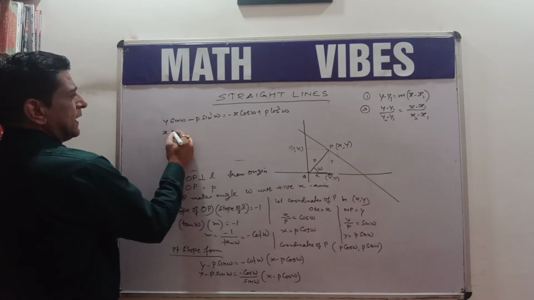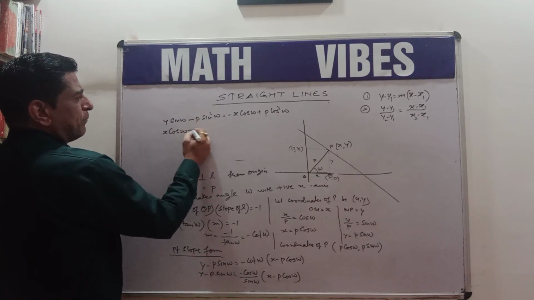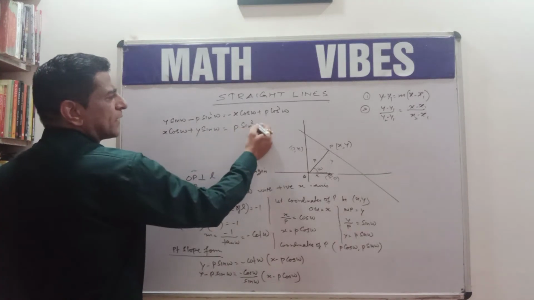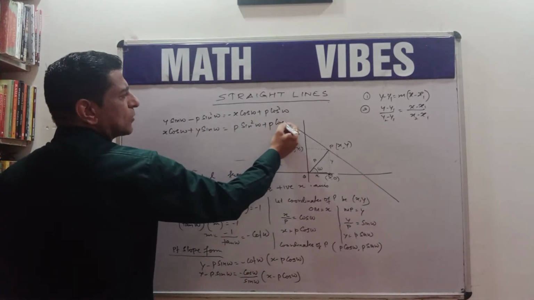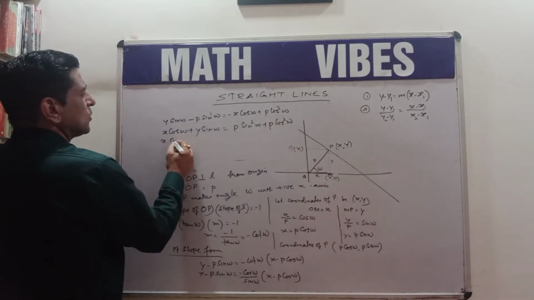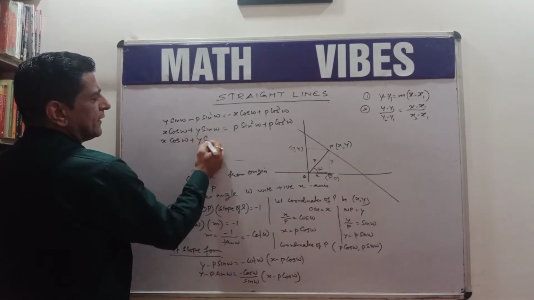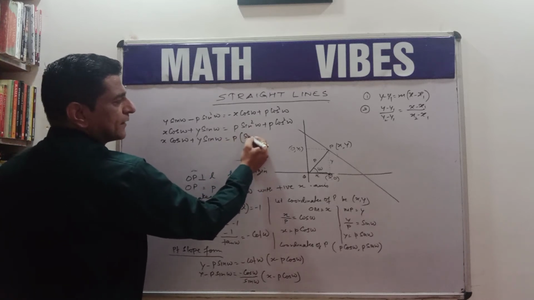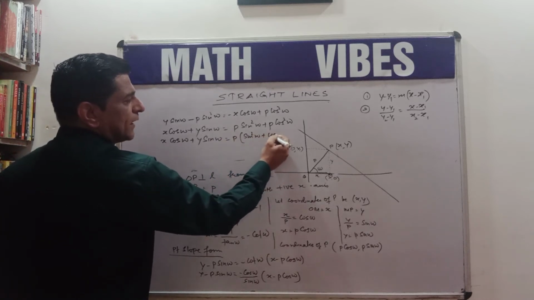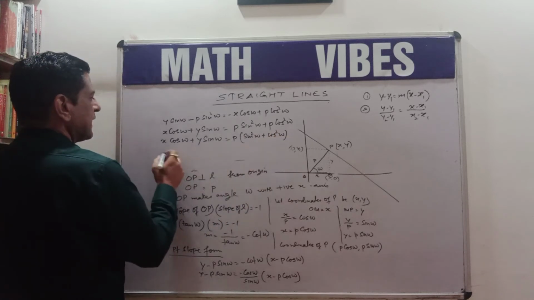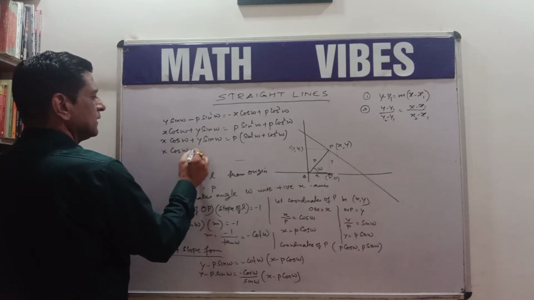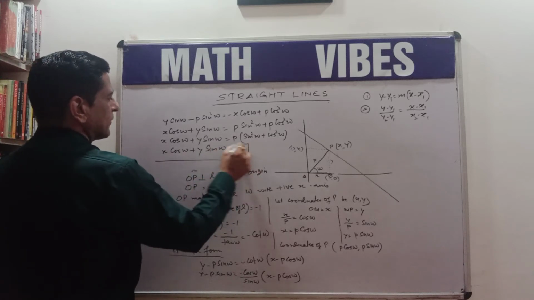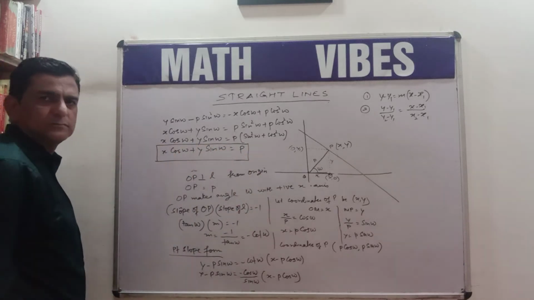So this is x cos omega plus y sin omega equals p sin square omega plus p cos square omega. If we take p as common, sin square omega plus cos square omega, this is the trigonometric identity, it comes out to be 1, and this is the equation of straight line in normal form.